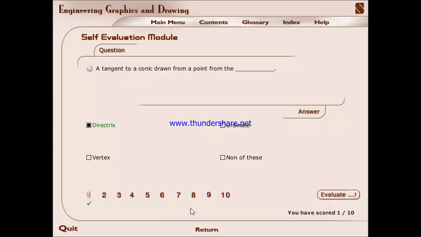Now next, evaluate the second one. In this question, in a rectangular hyperbola, the asymptotes are always perpendicular to each other. Options are true or false.